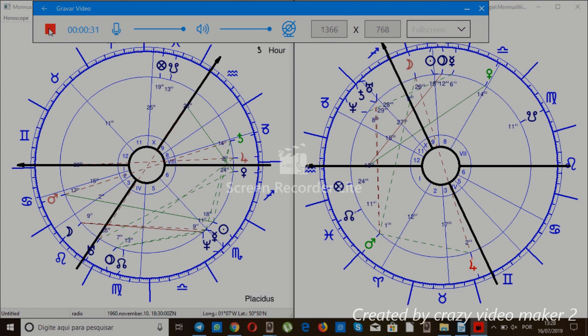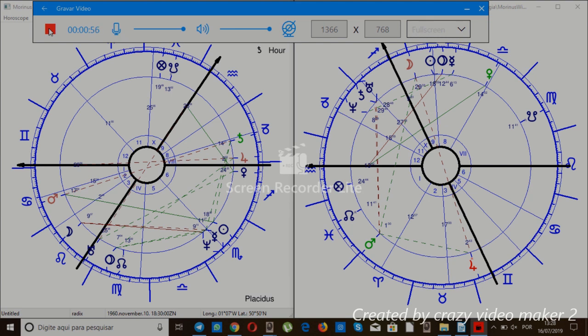It could mean anything related to Saturn itself, limits, difficulties, etc., or what it means in the birth chart. I think the other points in the chart point to this way of judgment. We'll talk about it in a minute.